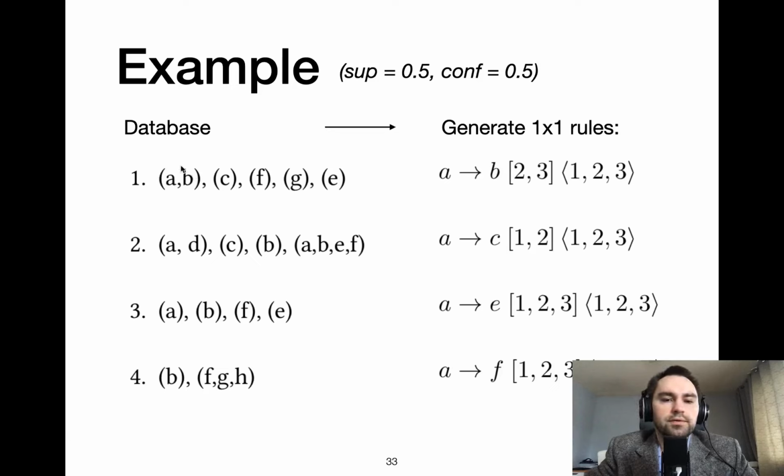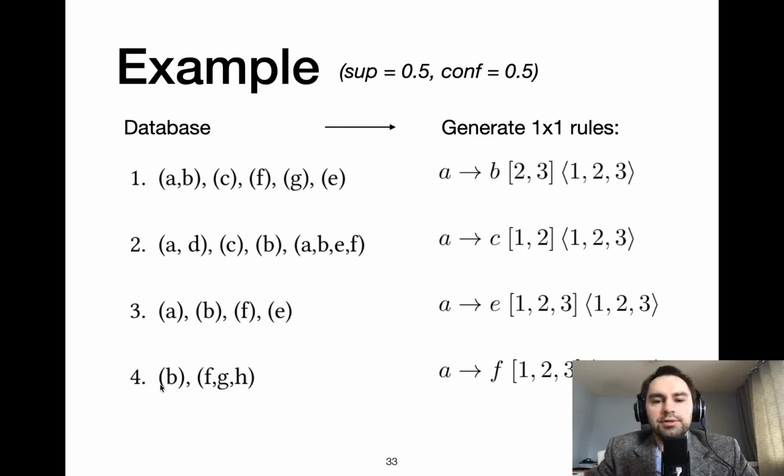You can't have a rule specify an intra-item set relation. So the confidence is 1, 2, 3, meaning that A, the left-hand side, occurs within sequences 1, 2, and 3.